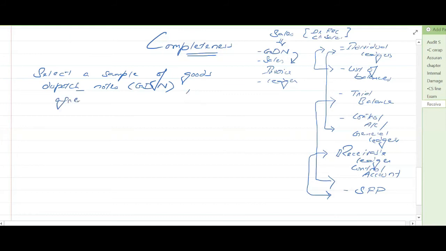Agree or compare to the sales invoices, because I've told you once the goods have been dispatched, we prepare the sales invoices, and then recording in the ledgers.